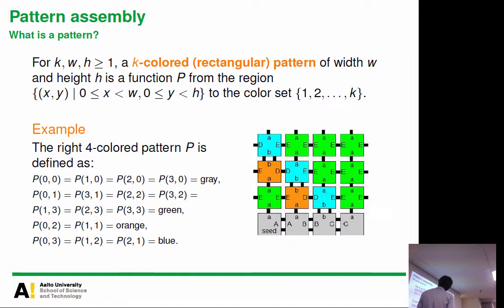And then why do we have to think about pattern assembly? So pattern assembly is motivated by implementing circuits on DNA assemblies. So first we make some kind of frame, on which we actually implement computational units. For example, transistors or wires.